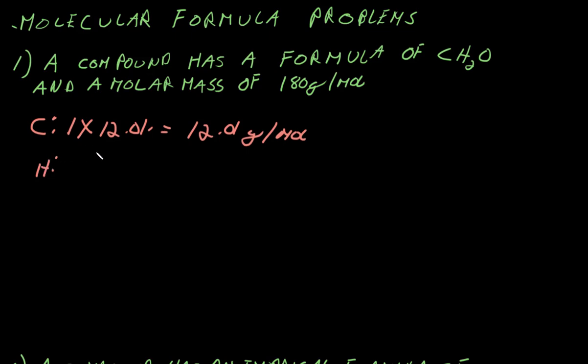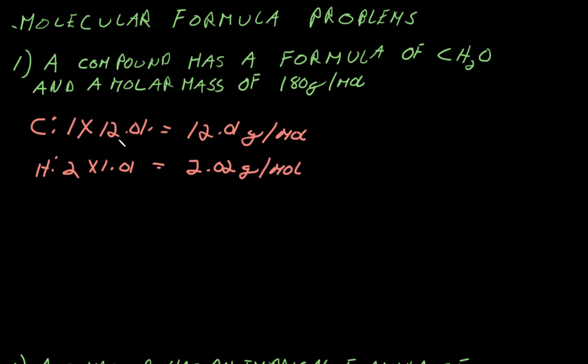All right, let's take a look at hydrogen. Hydrogen will work the same way. We've got 2 moles in the formula, H2, and we know hydrogen is 1.01, and so that's going to come out to be 2.02, and again that's going to be grams per mole.